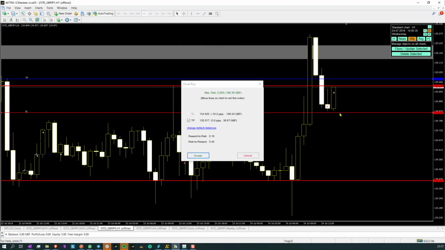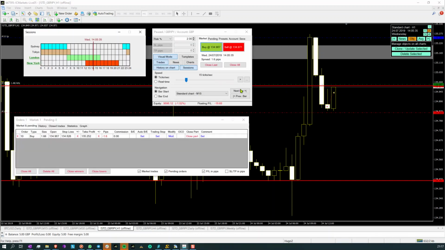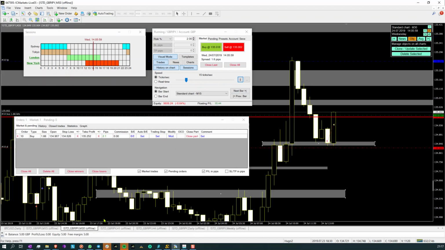Stop just below, 16 pips. Target there. Accept. Play this shit. In.